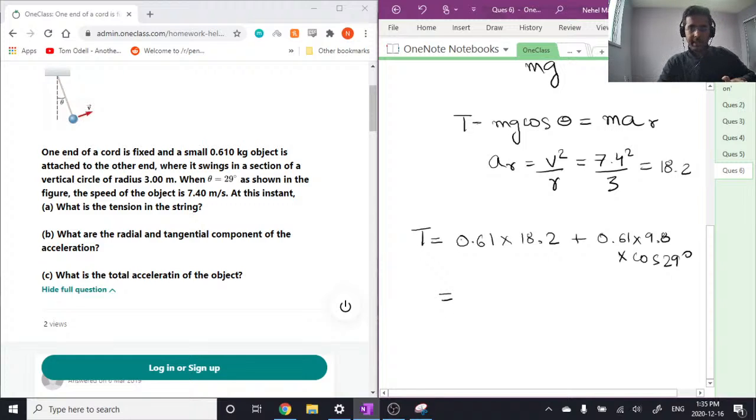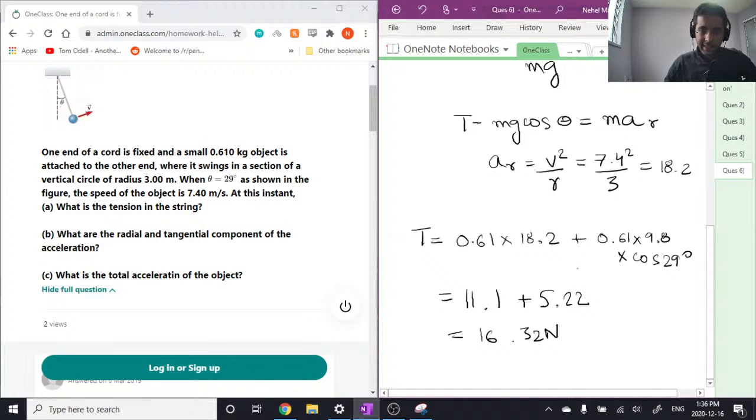So when we solve this, we get 0.61 times 18.2, which gives us 11.1, plus 0.61 times 9.8 times cos of 29, which gives us 5.22. Therefore, this value becomes 11.1 plus 5.22, 16.32. Okay, so that's the tension.